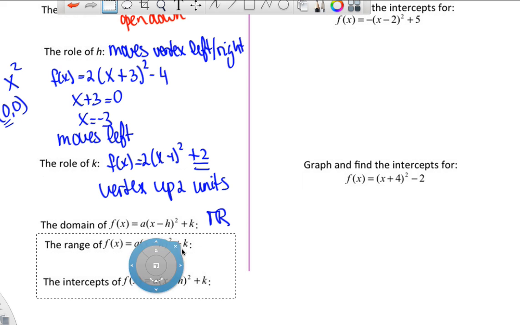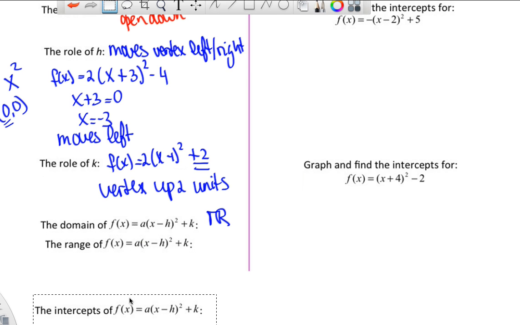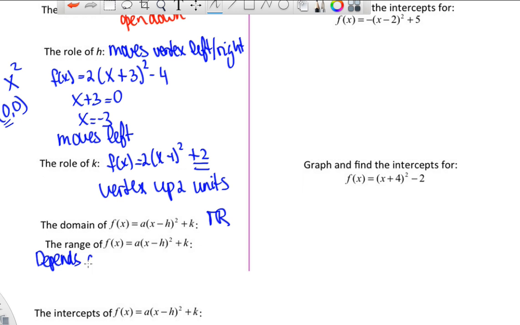Well, the range is going to depend on the vertex, and it also depends on the value of a.